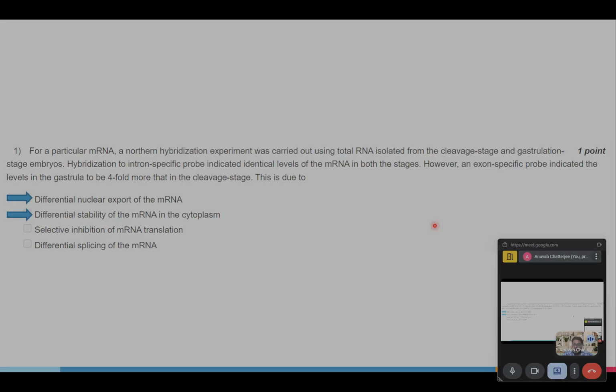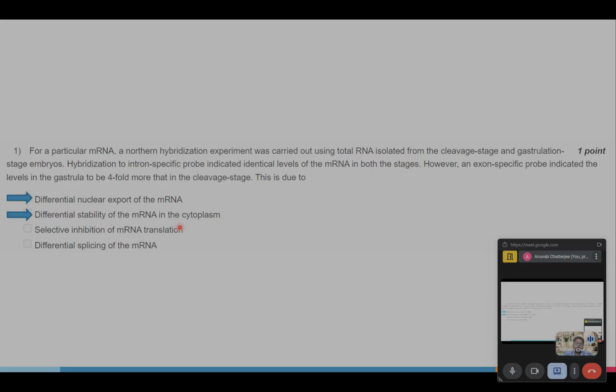It could also be differential stability of the mRNA in the cytoplasm, in which case you just degrade the mRNA whenever it is coming out of the nucleus, and you just immediately degrade it so that it does not go and start translating proteins. So that is why the level is low. So it could be differential nuclear export, so none of the mRNA is being spliced and exported, or differential stability of mRNA.